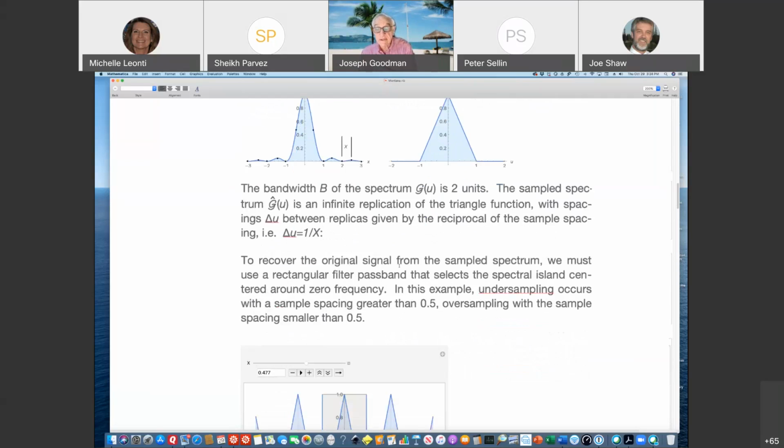To recover the original signal from the sample spectrum, we must use a rectangular filter passband that selects the spectral island that's centered around 0 frequency. In this example, because the bandwidth is 2, the sample spacing 1/2 is the critical sampling spacing. Undersampling occurs when the sample spacing in the X domain is greater than 0.5, whereas oversampling occurs when the spacing is smaller than 0.5.